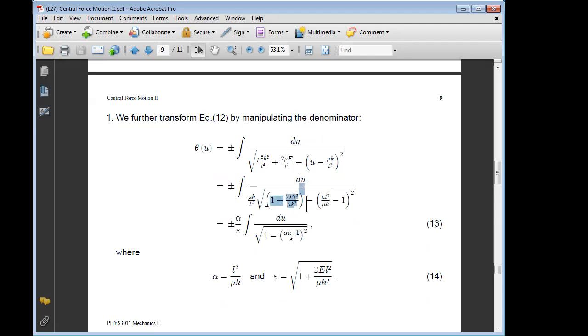We move out, we factor out this factor, we call it epsilon squared, all right? Then the integral becomes this. Do you know how to solve this integral? Trigonometric functions, right?